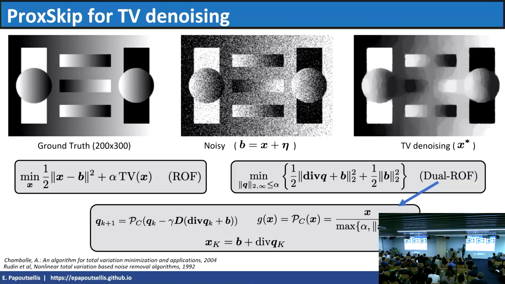Everything is smooth here, and we apply a gradient descent step. We have this P_C, which is a projection operation with three mathematical operations: division, the L2 norm, and the maximum. After we iterate for k iterations, we use this equation to obtain the denoised image.